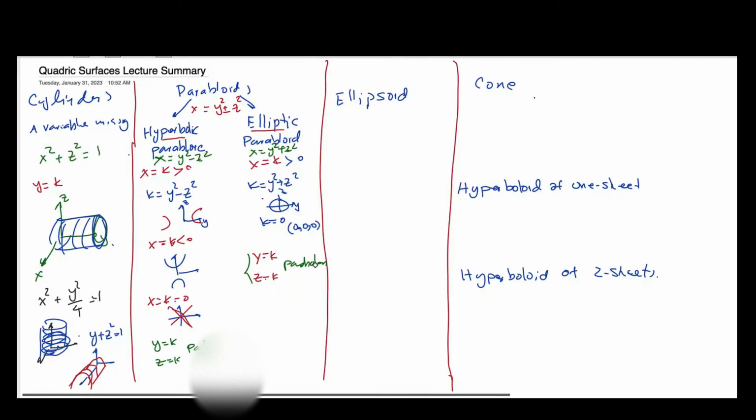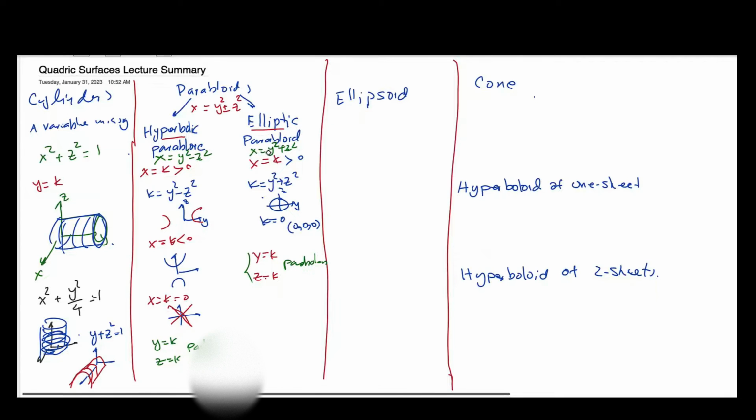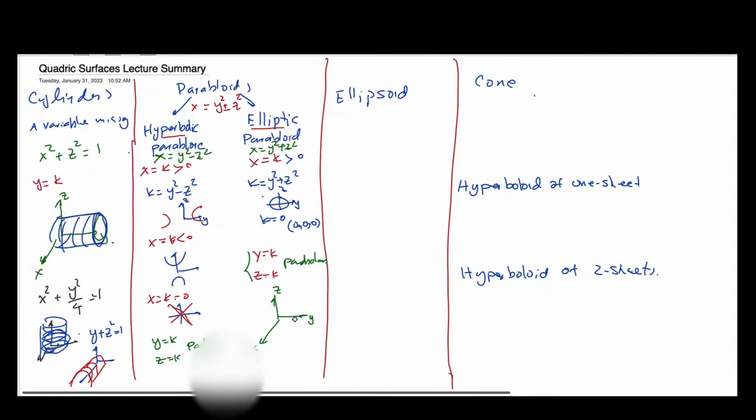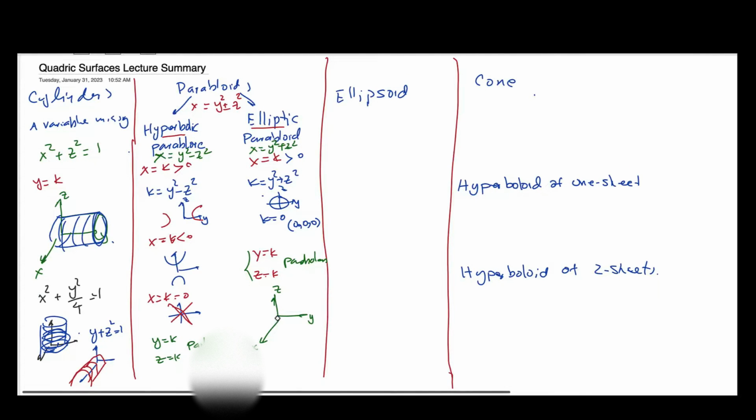And here's where the name comes from. Something to consider when I'm drawing a bunch of x equal to constant cross sections. Here's the x, y, and z. X equal to constant, I can start with yz, and in the yz direction at point 0, at k equal to 0 I get 0.